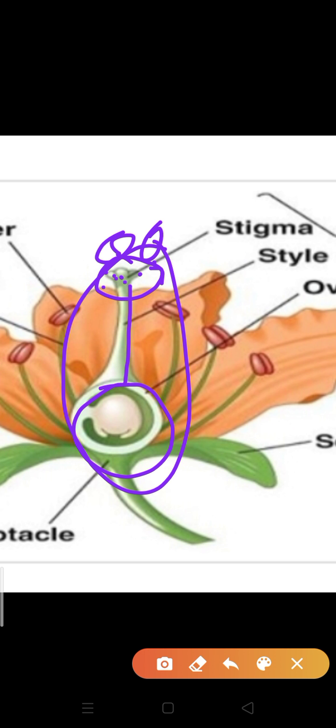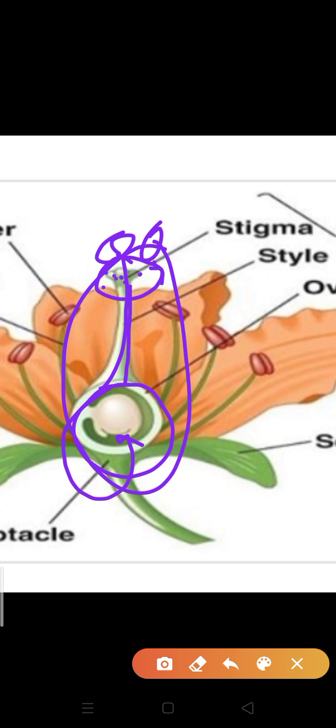The middle part is known as the style, and the style is like a tube through which the male gamete can enter and reach the lower part. The ovary is the swollen part at the bottom. Clear? And inside the ovary the ovules are present. Ovules are basically the female gametes or female sex cells.